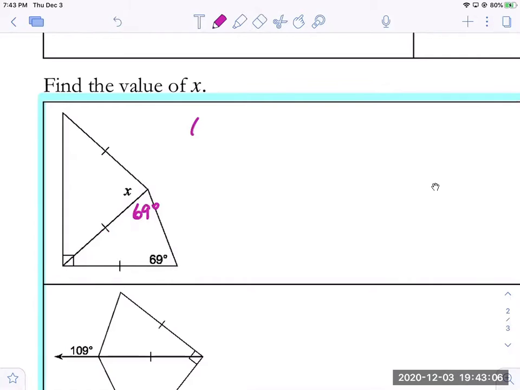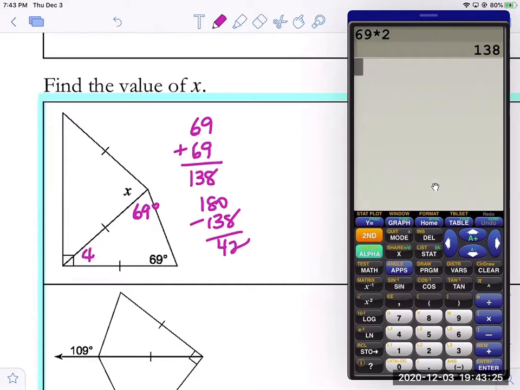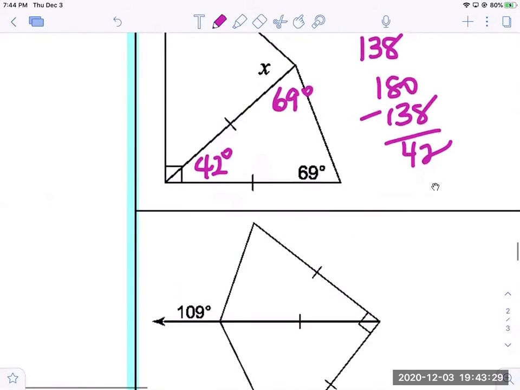If I do 69 plus 69, that's 138, and 180 minus 138 is 42. So this angle measure up here is 42 degrees. Now that's a right angle, which means this angle is going to be 90 minus 42, which is 48.